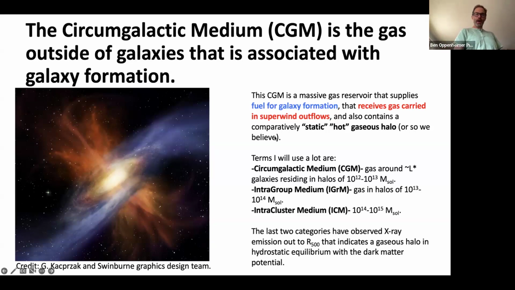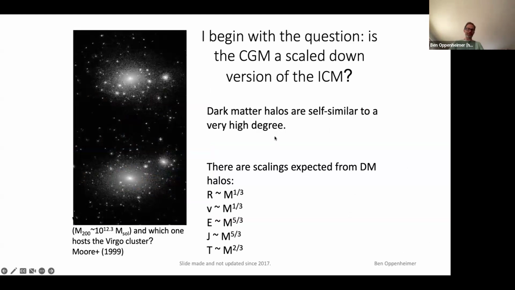Which brings me to my next slide. This is an old slide from an ancient paper at this point, a Ben Moore paper, showing two halos separated by a factor of several hundred in halo mass. One's corresponding to the Milky Way, one the Virgo cluster, and I sometimes ask people which one is which. I forget which one is which in these dark matter only simulations.